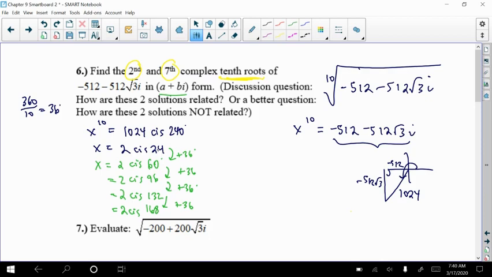So we have the first solution, the second, third, fourth, fifth. If I add 36 more to 168, that would be 204, I believe. So 2 cis 204. And if I add 36 one more time to get my seventh solution, 2 cis 240.